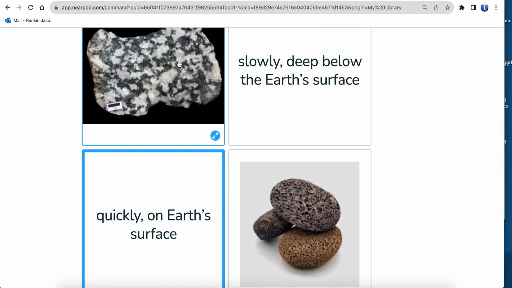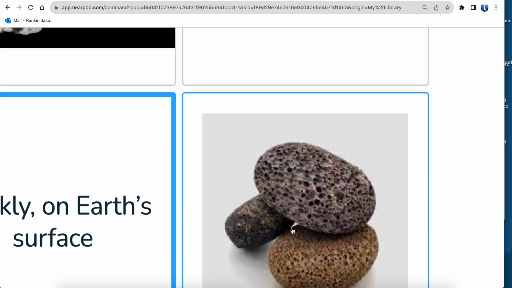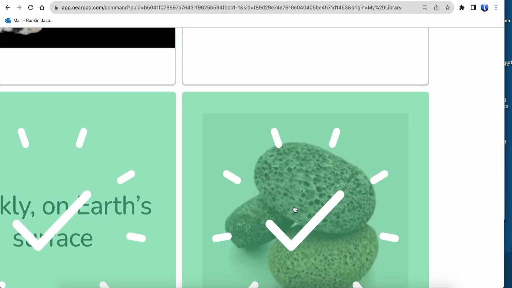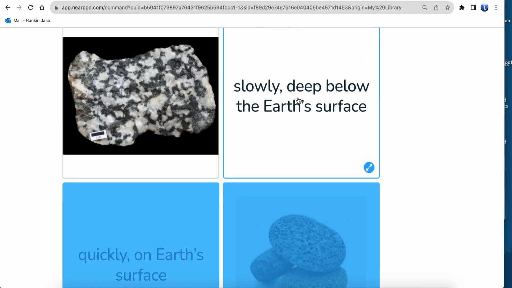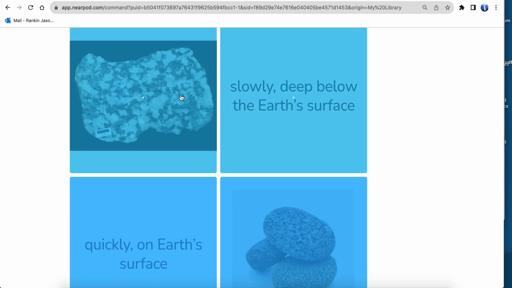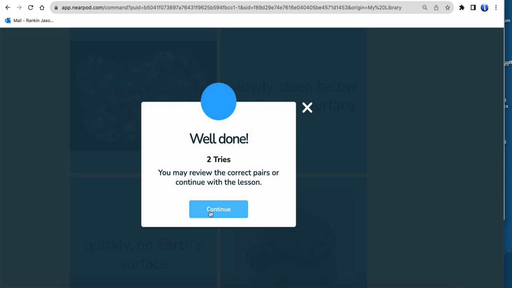I can see the crystals on this one. And vesicular. This is definitely vesicular. And that's good. All right, slowly deep below the Earth's surface, slowly crystal size becomes bigger. And that's good.